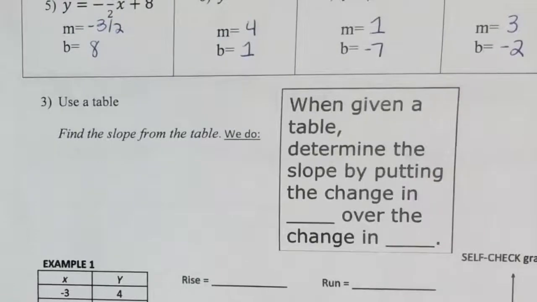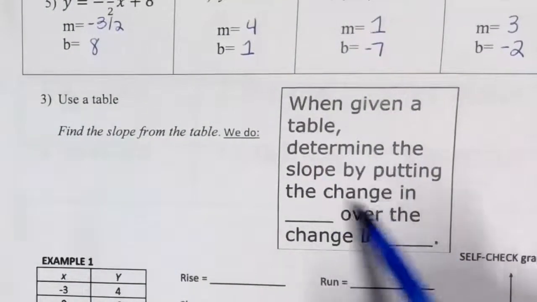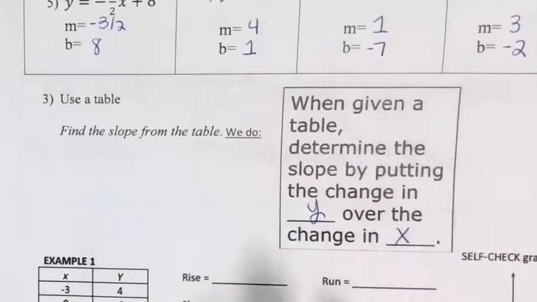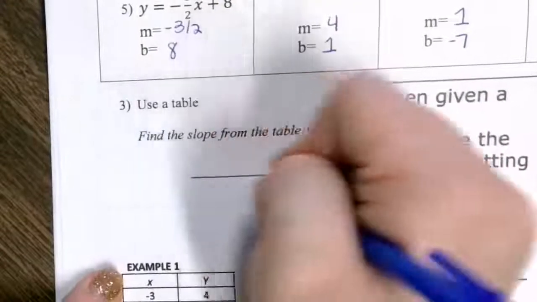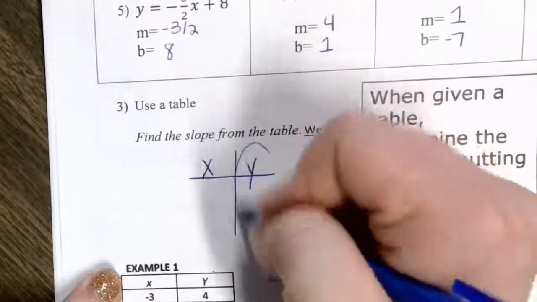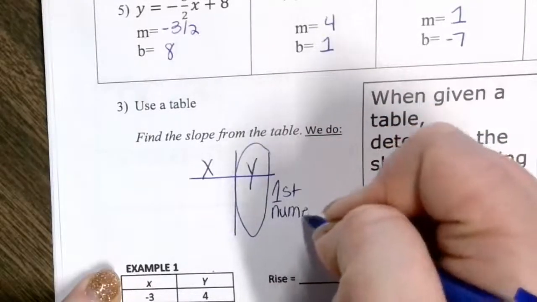Alright, so now we're going to find slope from a table. When given a table, determine the slope by putting the change in y over the change in x. So what that means is, if we have x and y, you're always going to look at this side first. That gives you your numerator.